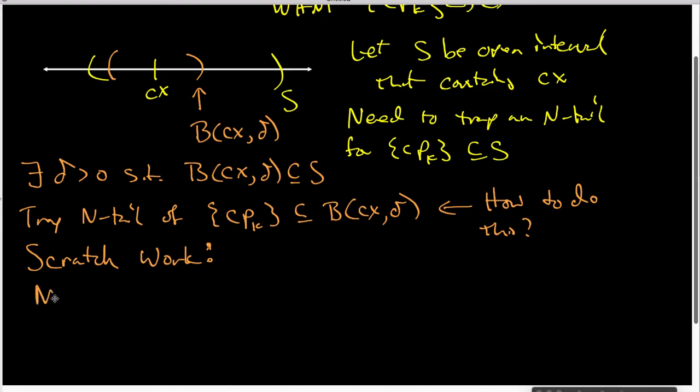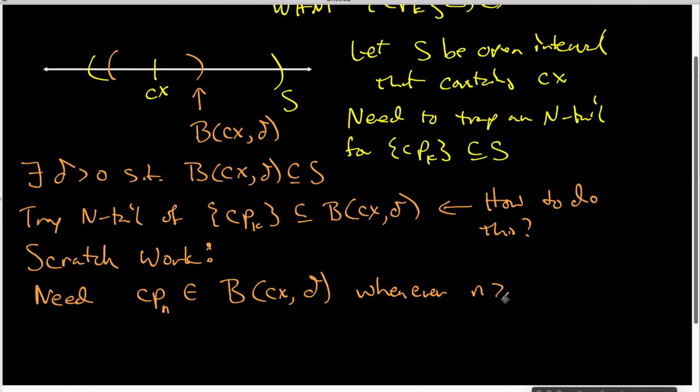I need c times p_n to be inside this delta ball whenever n is bigger than some capital N, for some capital N inside the set of natural numbers. In other words, I want c times p_n to be inside this delta ball if little n is bigger than capital N.